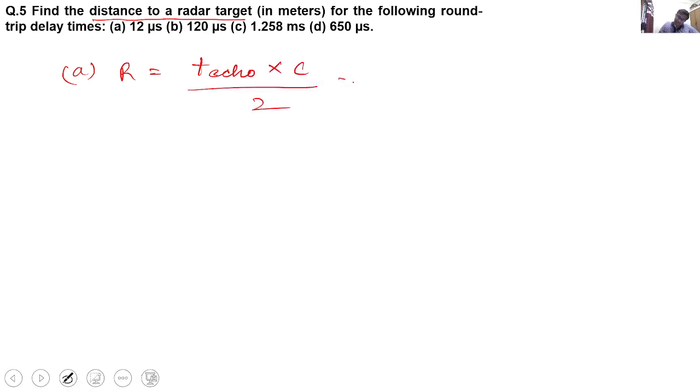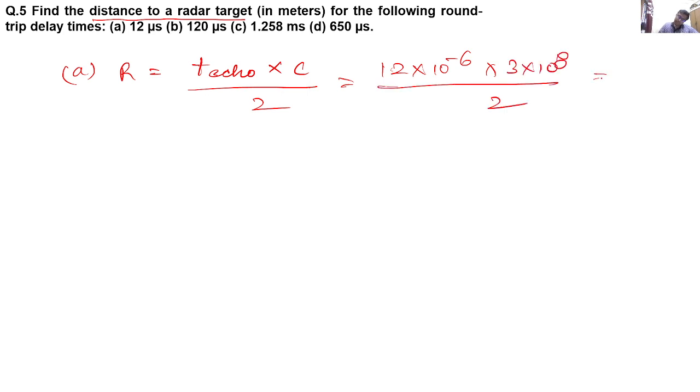Okay. So in the first case, it is 12 into 10 to the power minus 6 seconds times 3 into 10 to the power 8 by 2. Comes out as 1.8 kilometer. The answer would be in meter, but I am converting it to kilometer to report. Second question, we'll just straight away put the values. T echo into C by 2.